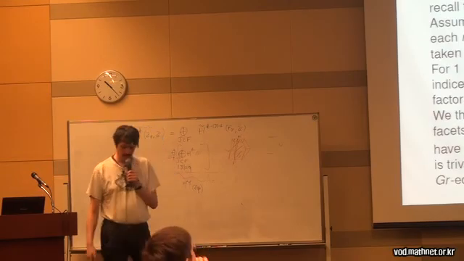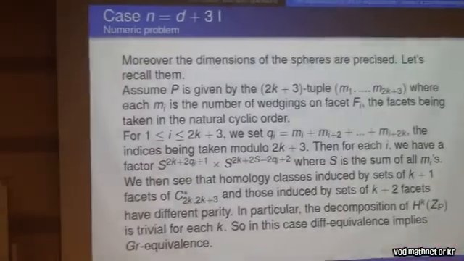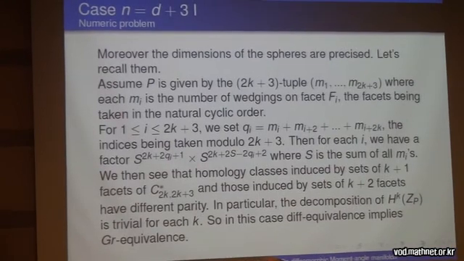So when we consider our polytopes, I said that the Betti numbers classify the graded equivalence classes, and the Betti numbers are associated to some sum of the number of times the wedges are performed on each facet.